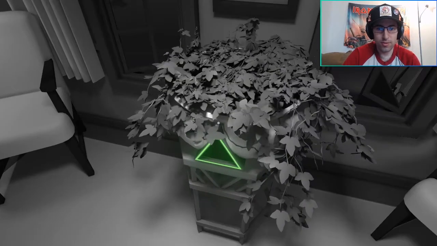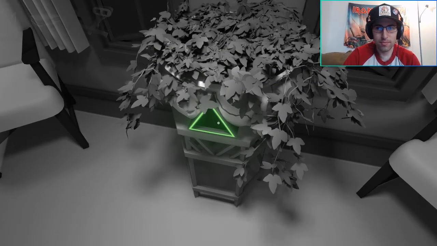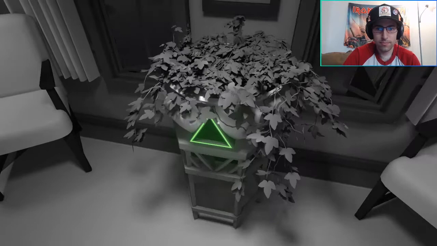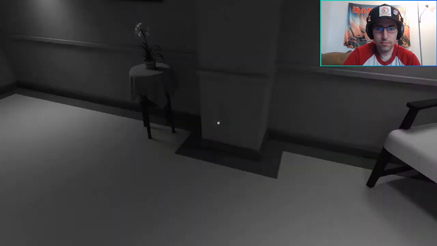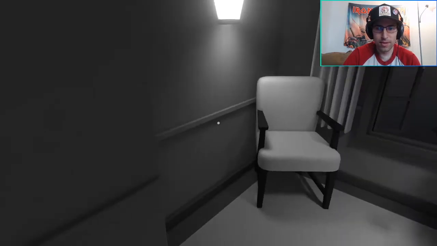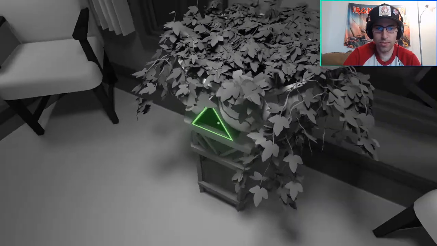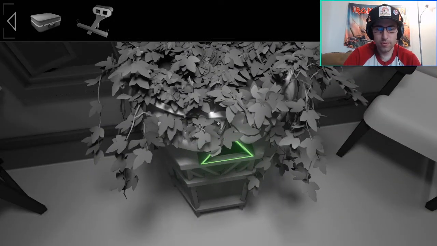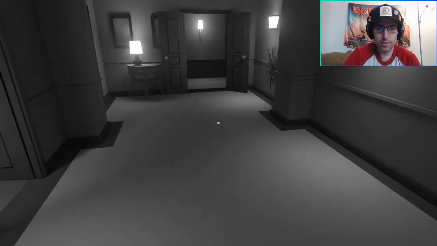Okay, I still don't understand what's supposed to happen here. It told me to go there, but there's nothing I can do to it, so what was the purpose? So I can't do anything here with it.